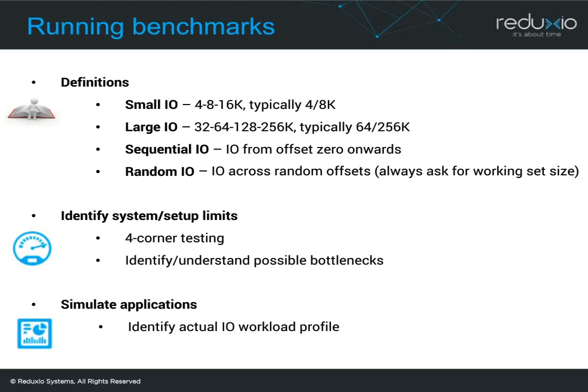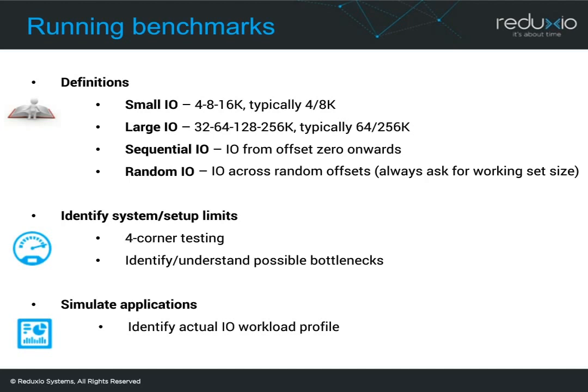There has been quite a lot of disagreement in the vendor community about which I/O size to use when you run benchmarks, but it's not a question that the vendors should disagree about between themselves. It's more about what best represents your own workload in your organization, in your environment. Large I/O is typically 32K or above.